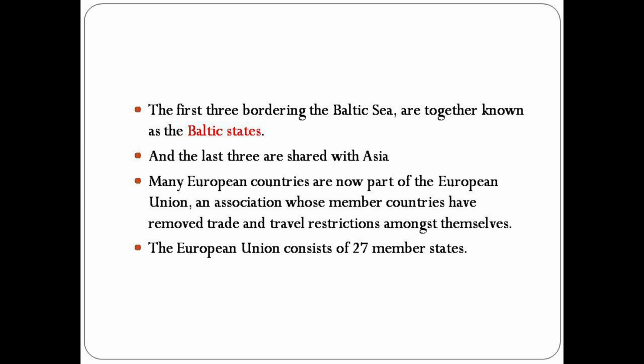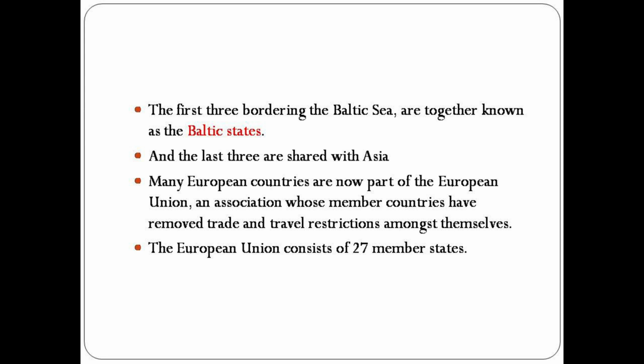The first 3 bordering the Baltic Sea are together known as the Baltic states, and the last 3 are shared with Asia. Another republic, Armenia, though located entirely in Asia, is often counted as a European country.